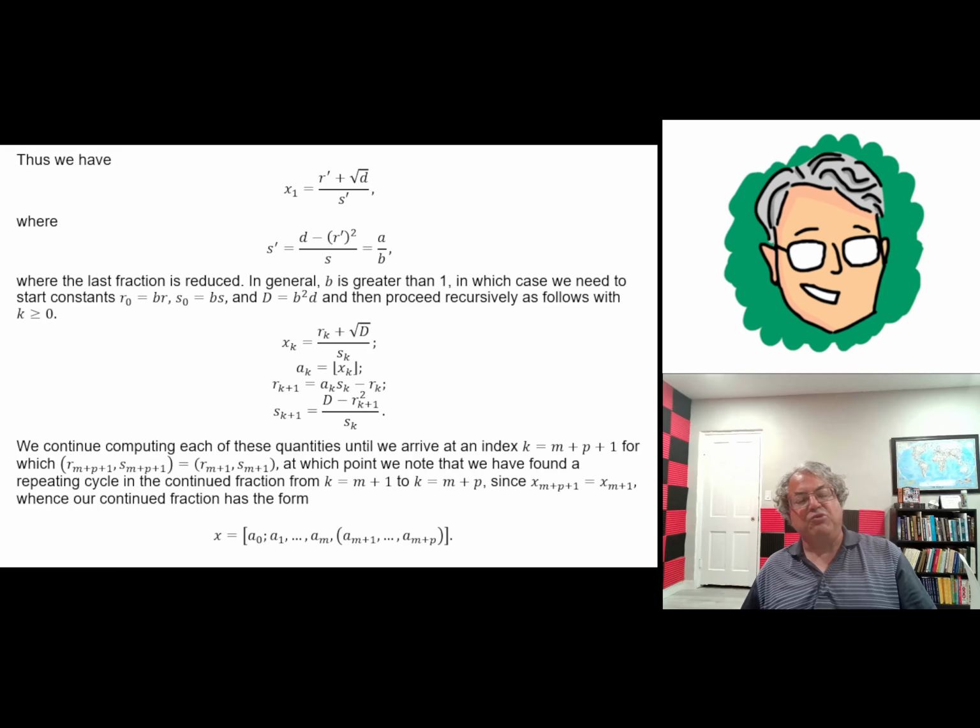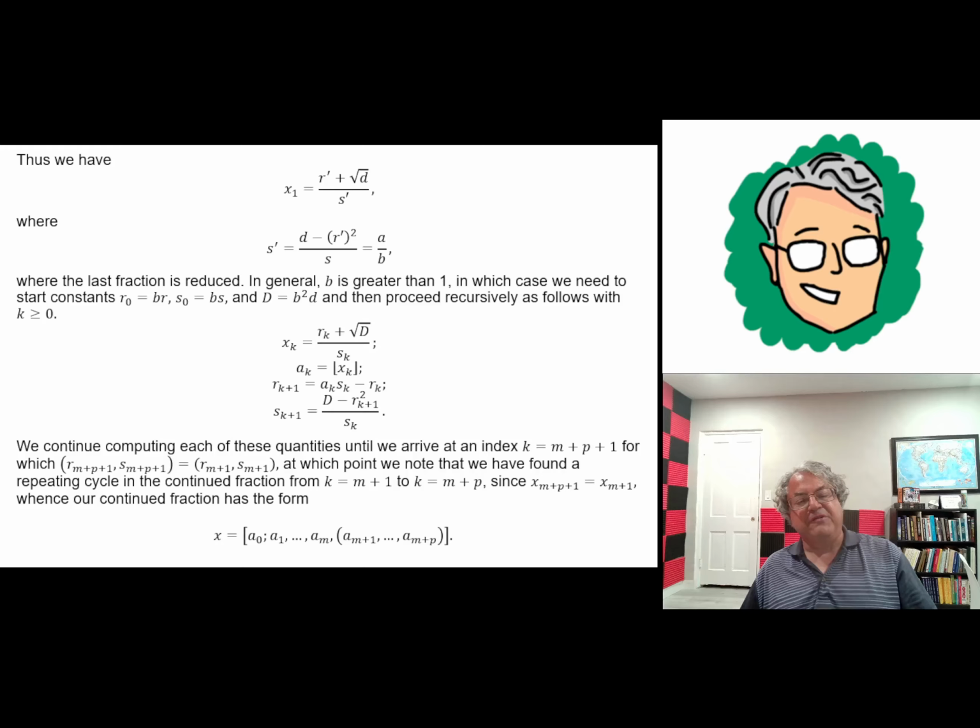And if it's not equal to 1, then we have to reinitialize things. We have to set some new parameters. r naught is b times r. Basically, we're multiplying r and s by b. So r naught is b times r, s naught is b times s, and now I'm defining this new thing inside the square root, capital D, which is b squared times little d.